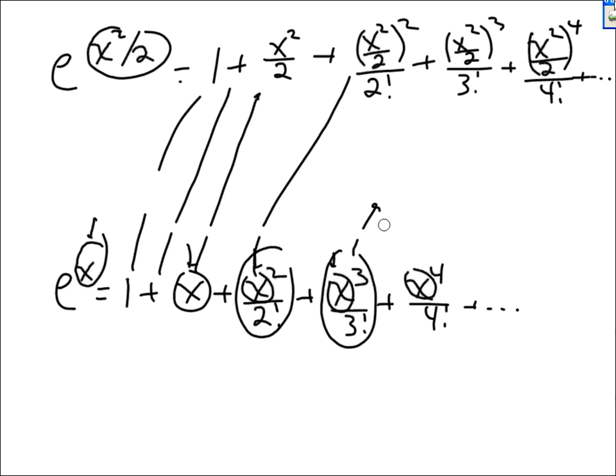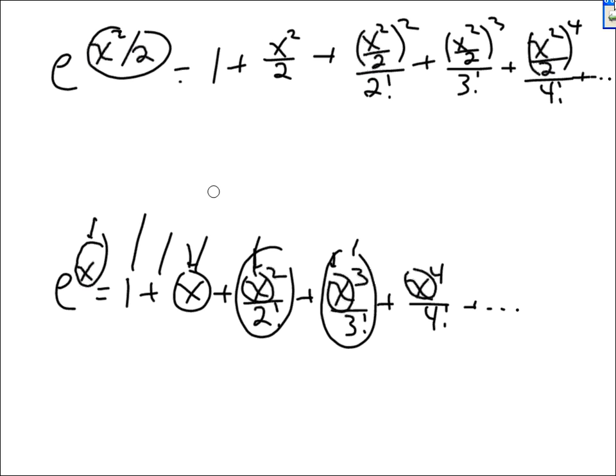And there's one way of writing down the answer. Let's see if we can write it in summation notation, also known as sigma notation. So let's look at this a bit more closely. We got 1 plus x squared over 2.